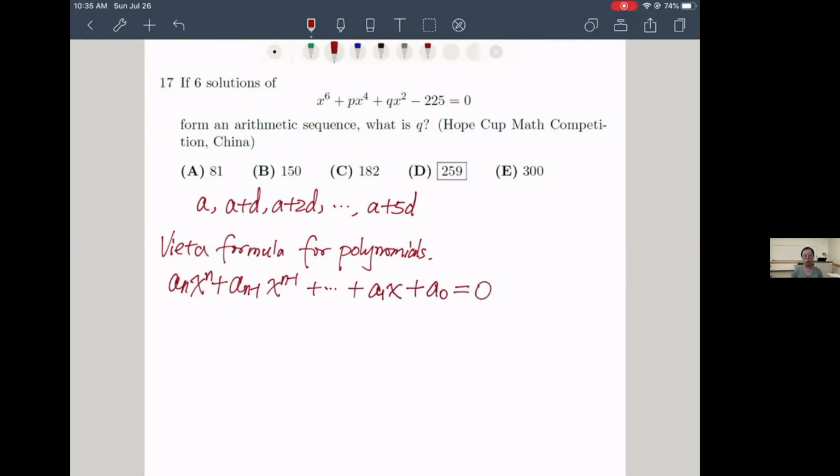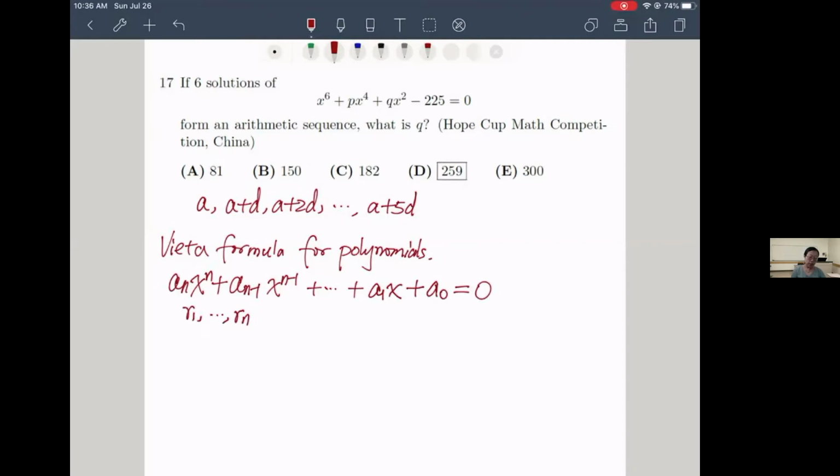It equals 0. If we look at this equation, the Vieta formula tells us the sum of different combinations of the roots. So let R1, R2, up to Rn be the roots.